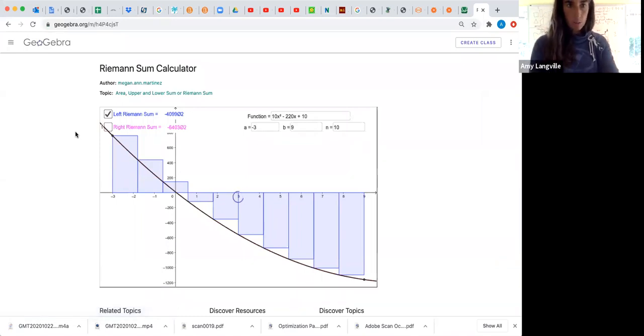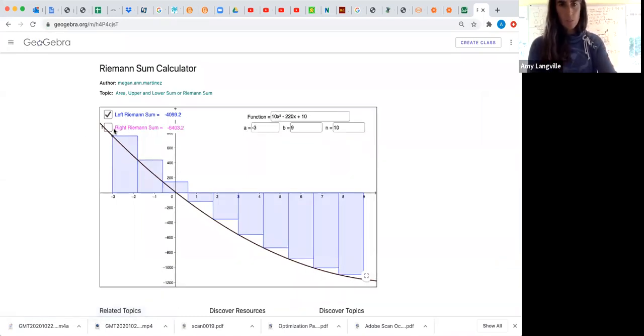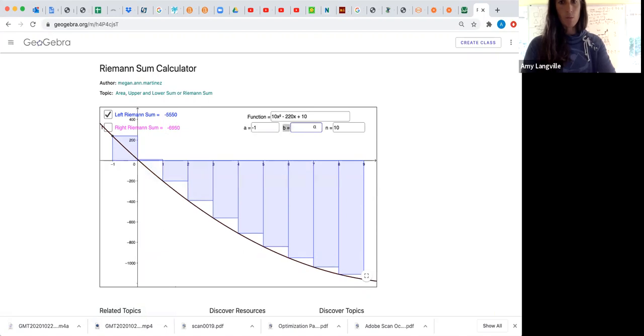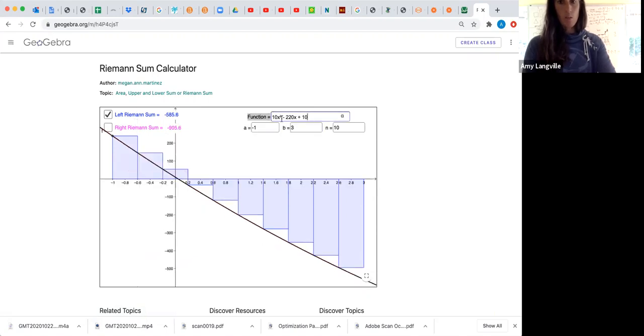You can try different ones. This one has the left and the right. You can change the function, change your values for a and b. We were looking at from -1 to 3 of x cubed minus x plus 1.